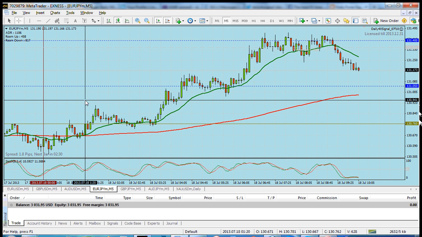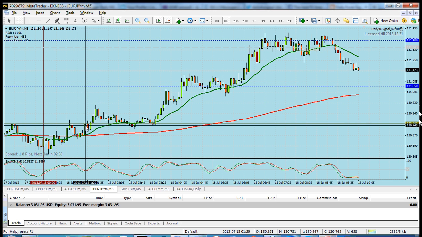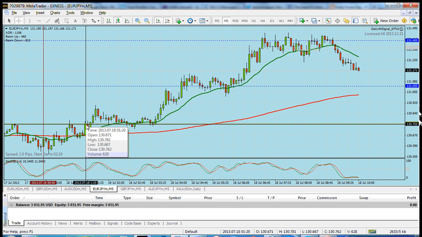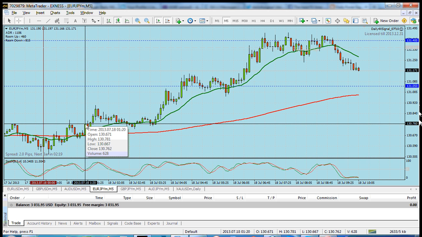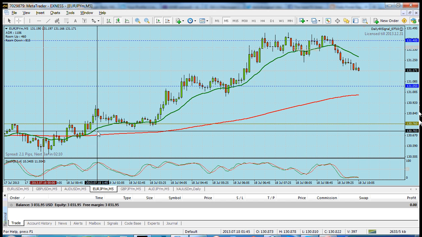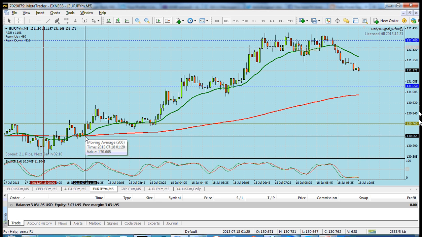You can see this candle over here. This candle closed right on top of our line, just on top of our line. But did it qualify in other areas? Let's see. This definitely is a bullish candle, there's no doubt about it.